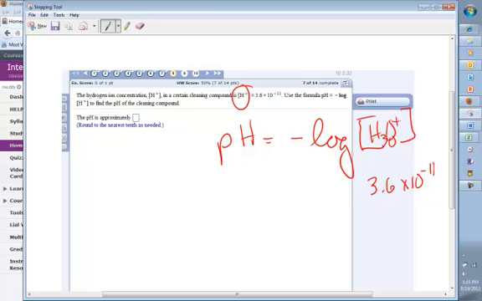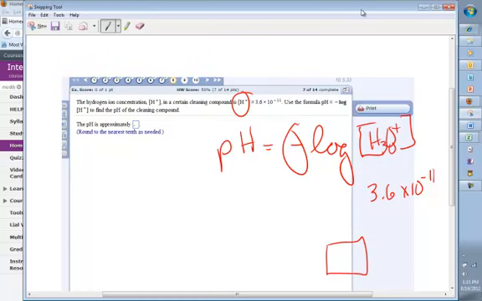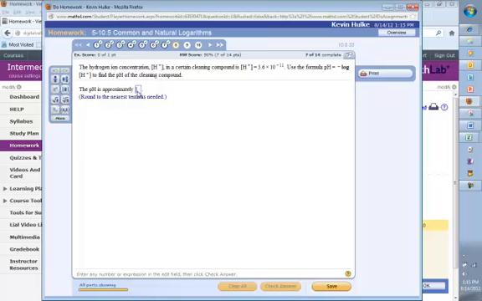So log, parentheses, 3.6, and then I'm going to use the times 10 to the key, which is next to the answer key down at the bottom, times 10 to the negative 11th, and we get negative 10.44. But remember, it's the negative of that, so we should change the sign to make it positive, and it'll be 10 point, and it wants it to the nearest tenth, so it'd be 10.4.